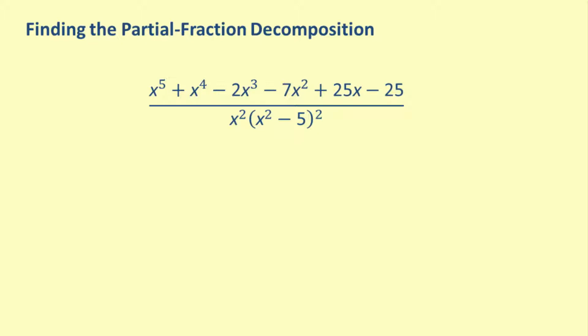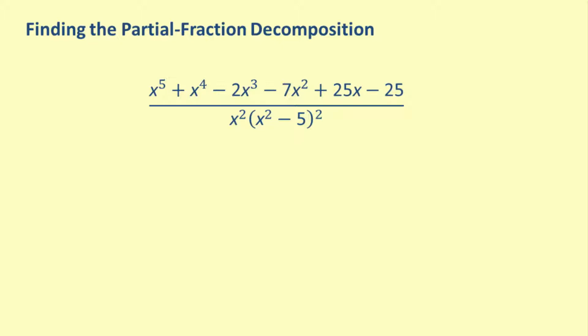Let's try an example. We will find the partial fraction decomposition of a rational expression with a numerator of x to the 5th power plus x to the 4th power minus 2x cubed minus 7x squared plus 25x minus 25, and a denominator of x squared times the quantity x squared minus 5 squared.